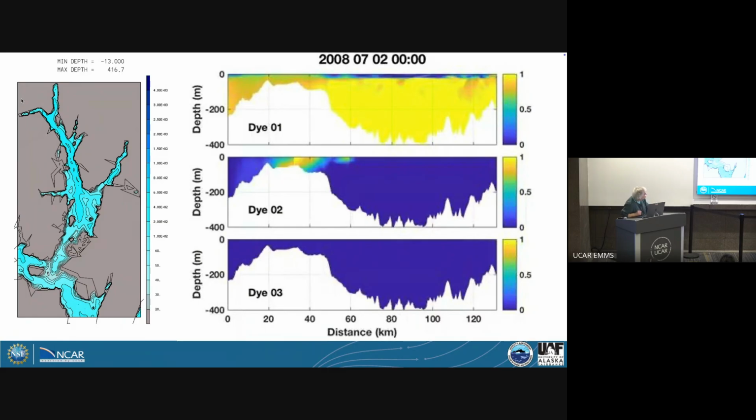So what happens in the movie is it runs from July to the end of the year, and it starts off with dye 1 filling this whole basin here. So it's got a really deep basin.